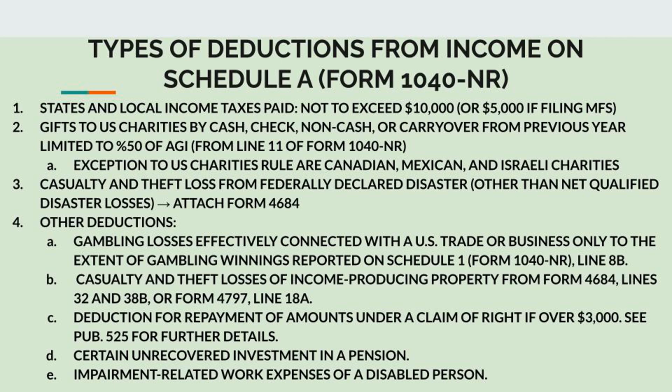The second one is casualty and theft loss of income producing property from Form 4684 lines 32 and 38B, or Form 4797 line 18A.